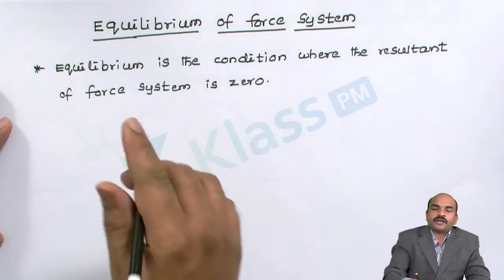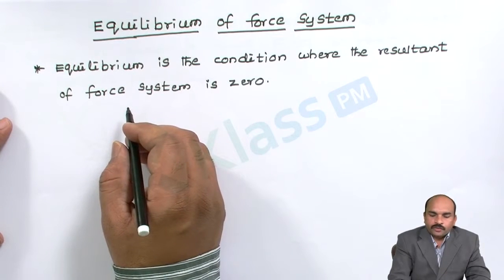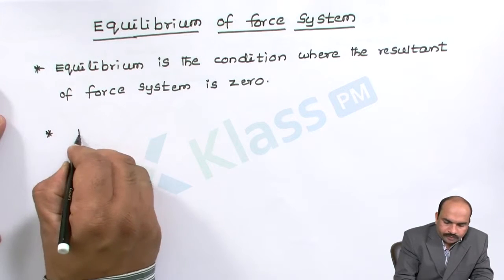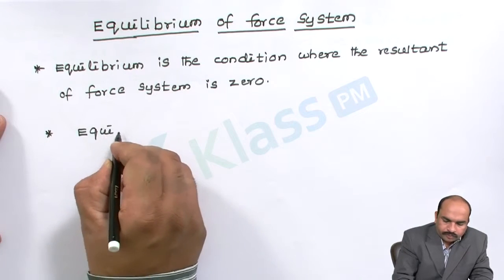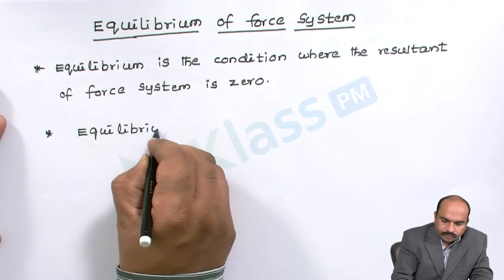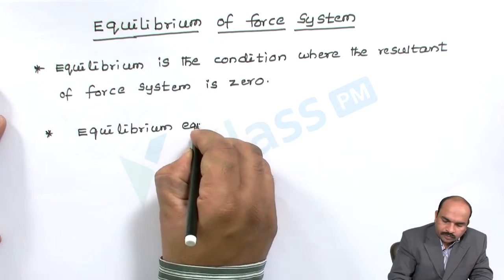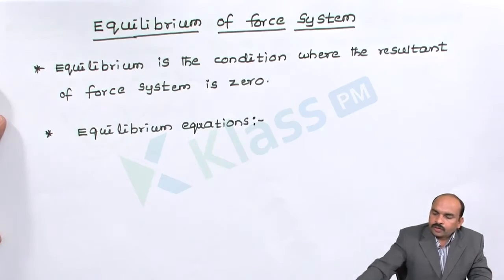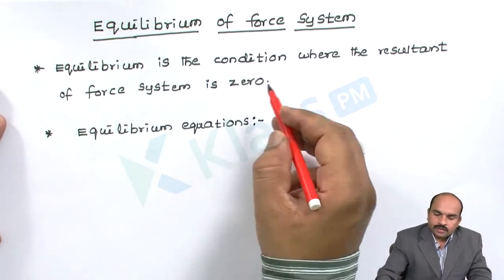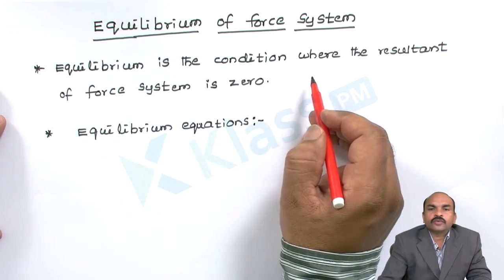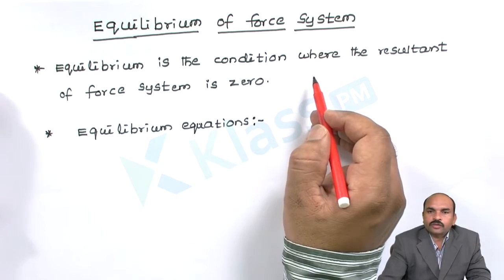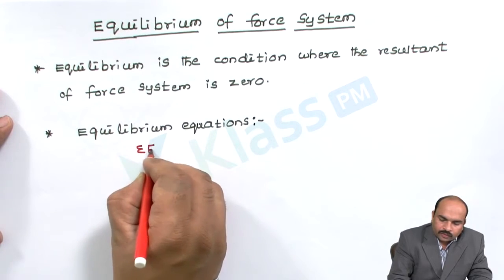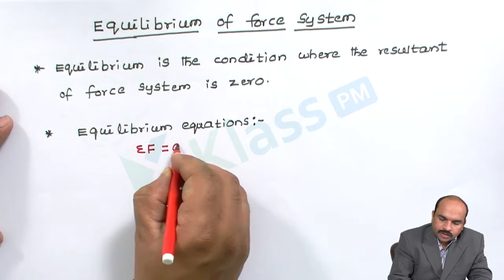Now let us write the equilibrium equations for the force system. As I said, the resultant of force system equal to 0 means sum of all the forces equal to 0.